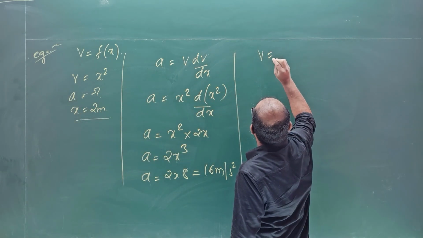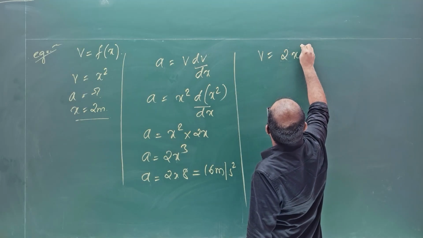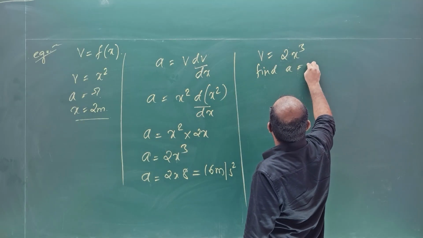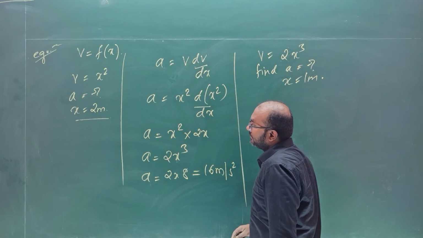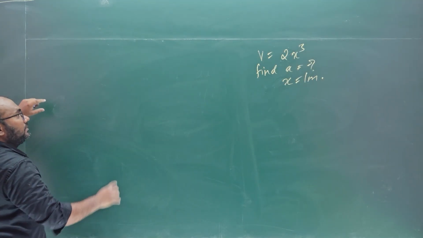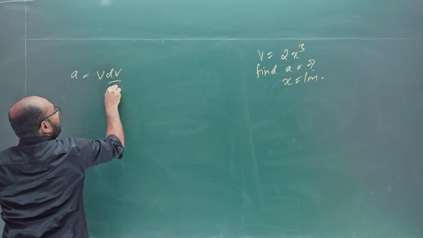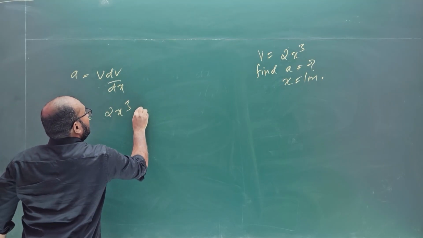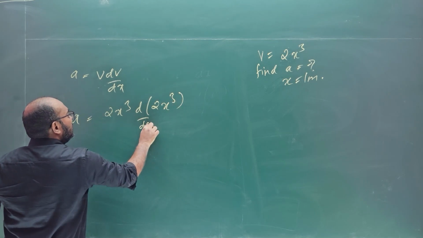Similarly, do one. Given v equals 2x cube, find a at x equals 1 meter. So v is given, a equals v dv upon dx, and a equals 2x cube times the derivative of 2x cube with respect to x.